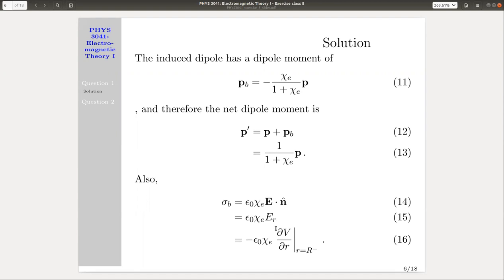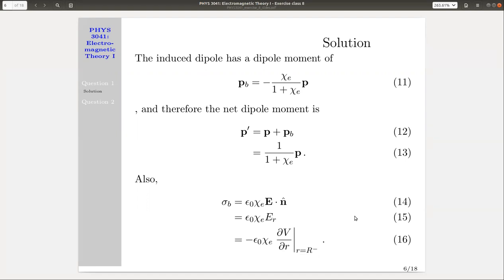And again, we can also write the E here in terms of the potential. So here the radial component is minus the partial derivative of V with respect to r, evaluated at r equals capital R minus.